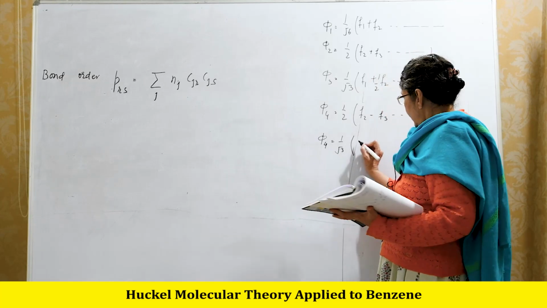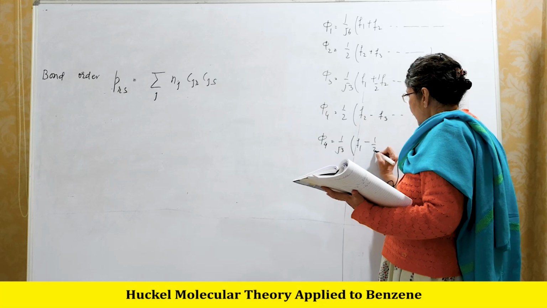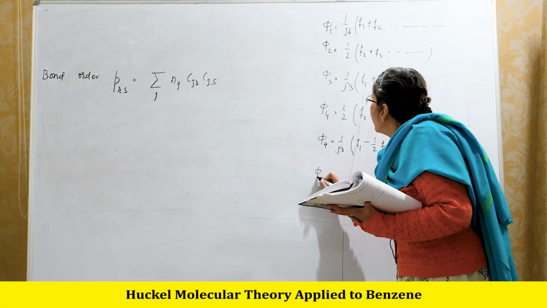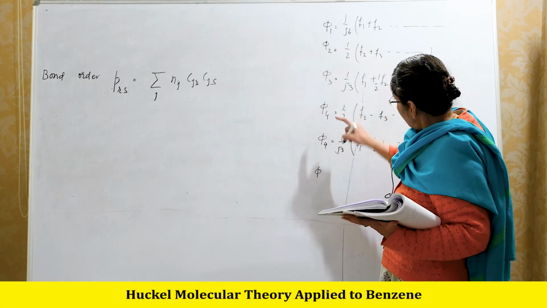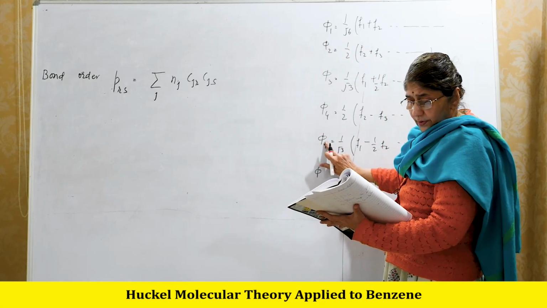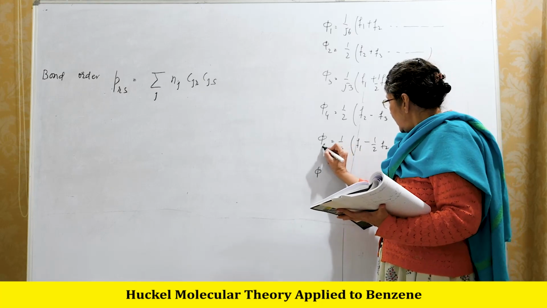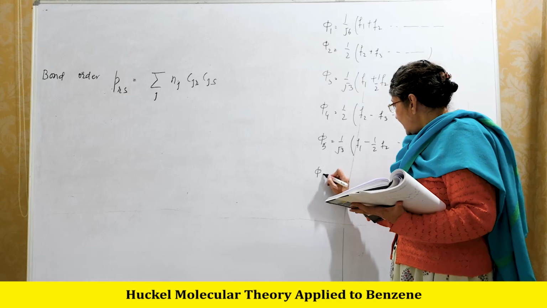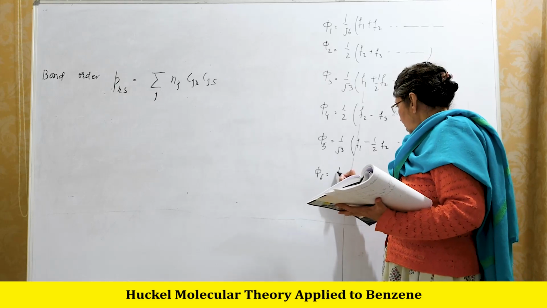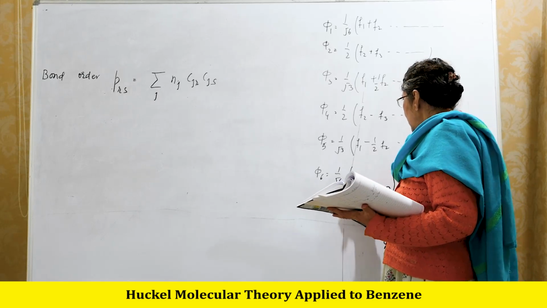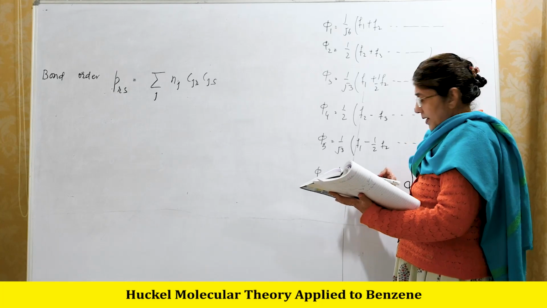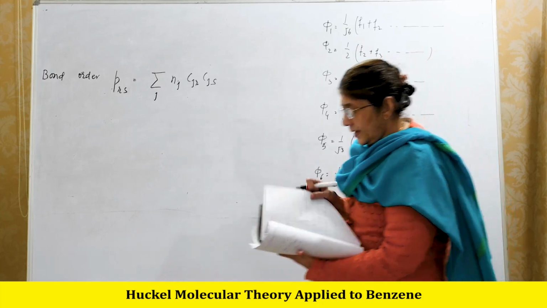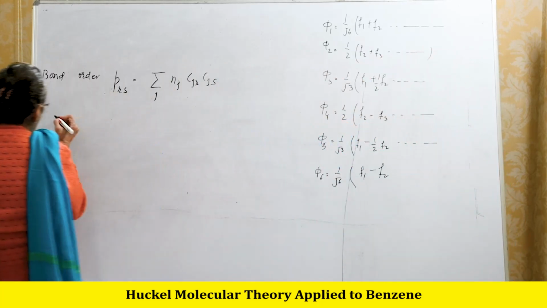Phi 5 is 1 by root 3 (F1 minus 1 by 2 F2), and phi 6 is equal to 1 by root 6 (F1 minus F2). So this we take as P12.